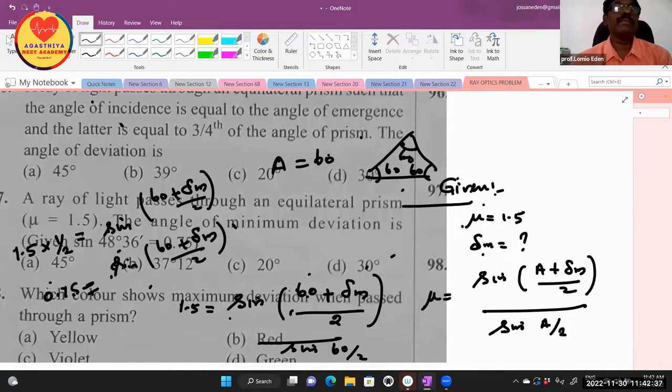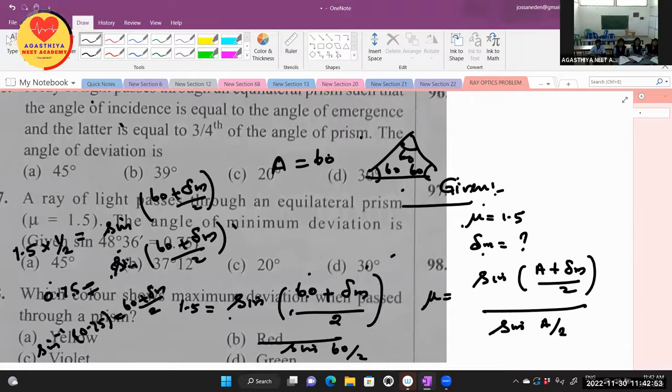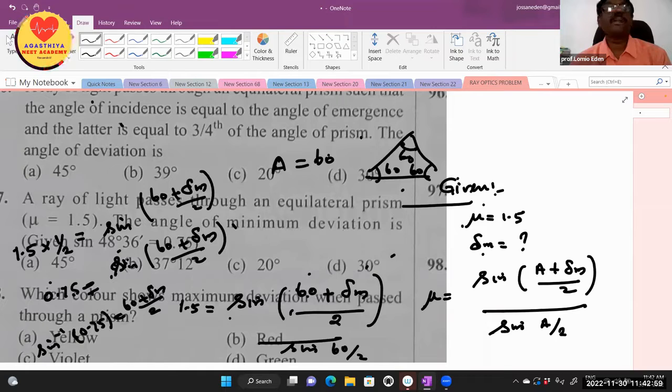Sine inverse of 0.75 is equal to (60 plus delta m) divided by 2. See the option given in this. All of you listen. Sine 48 degree 36 minute is equal to 0.75.